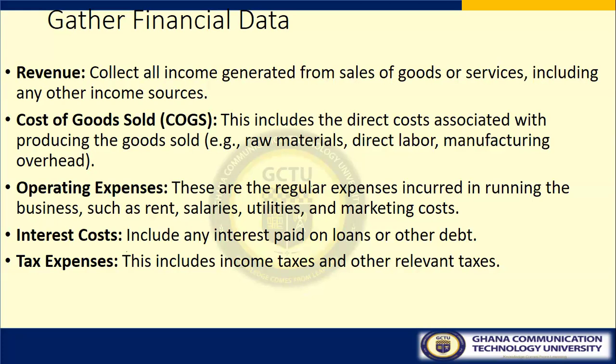This includes the direct cost associated with producing the goods sold, like the raw materials, direct labor, manufacturing overhead. All this comes under cost of goods sold. Okay. Then operating expenses. These are the regular expenses incurred in running the business, such as rent, salaries, utilities, marketing costs.